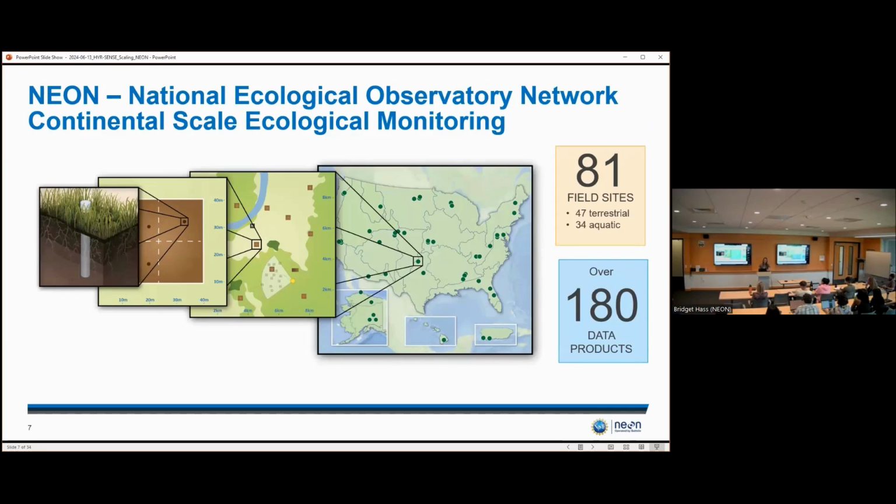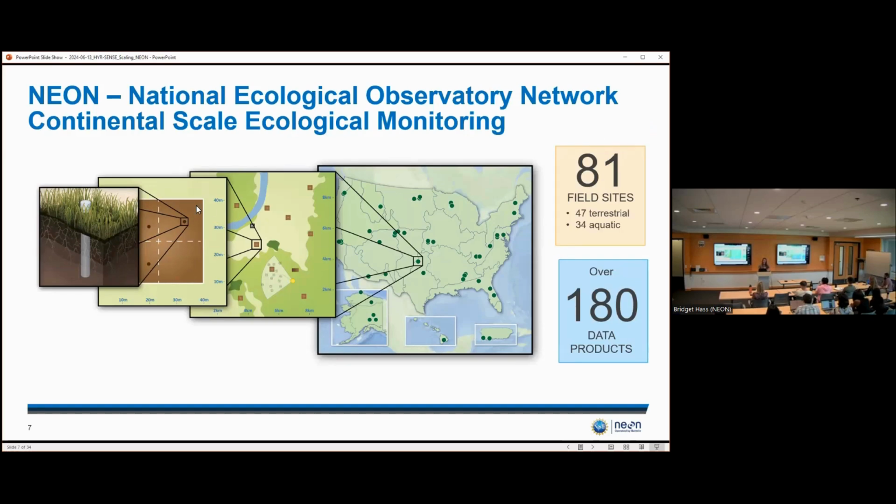Okay, so with that, I'll just get into a brief overview of NEON. I think a lot of you here have probably heard about it, but in case not, I'll describe it a bit. NEON was designed to be a continental scale ecological observatory. We have measurements everywhere from very small samples, such as these soil monitors.